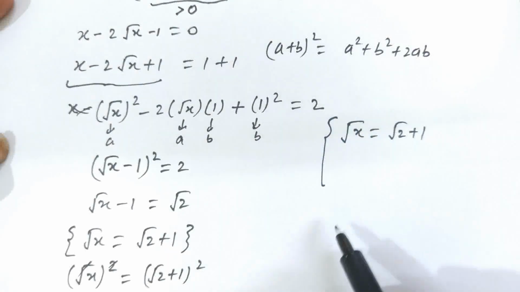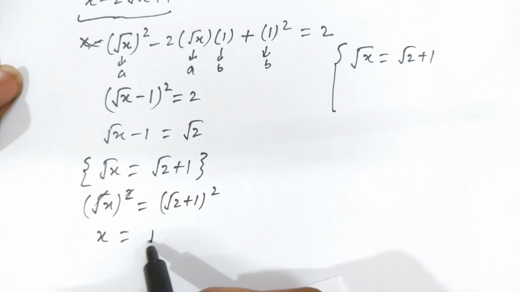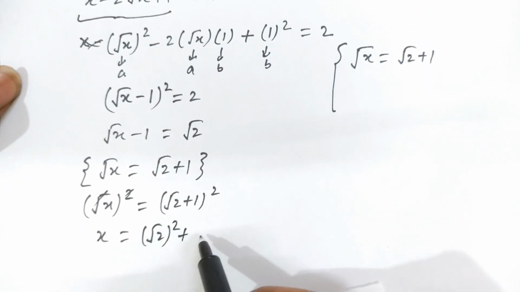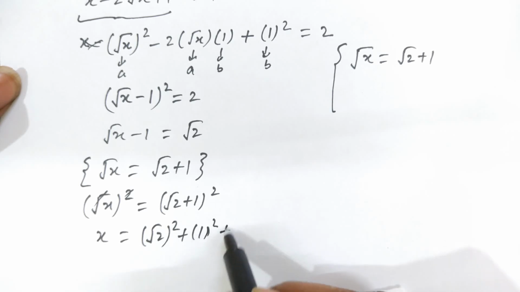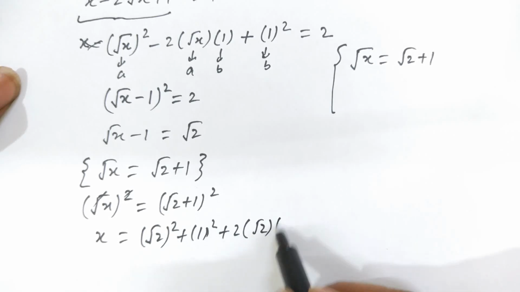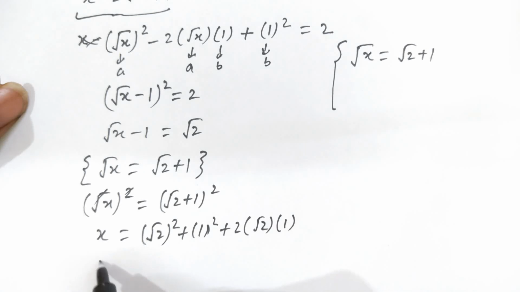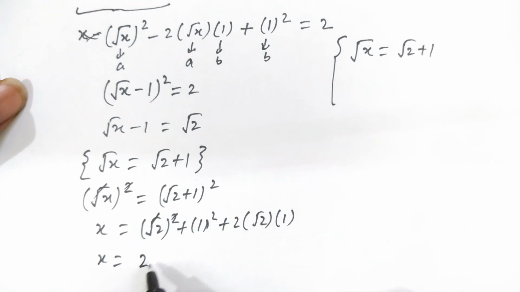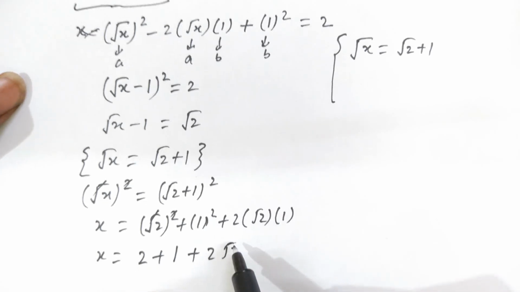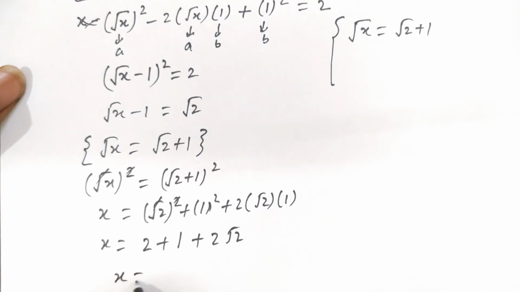Applying this identity, we have square root of 2 square plus 1 square plus 2 times a, that is square root of 2, and b, that is 1. Then 2 plus 1 is 3, plus 2 times square root of 2. Then the value of x is 3 plus 2 times square root of 2.